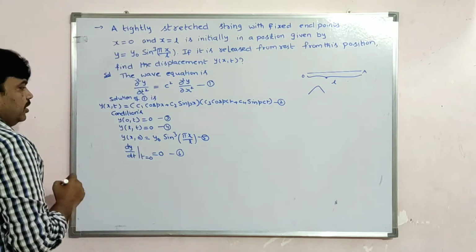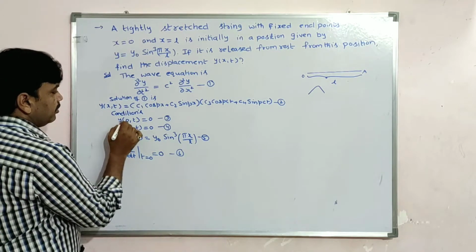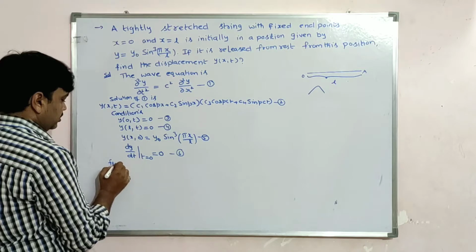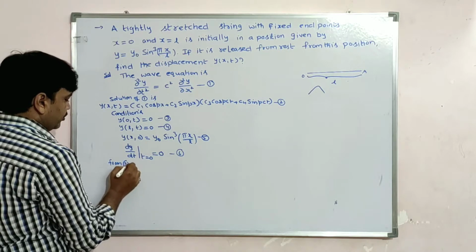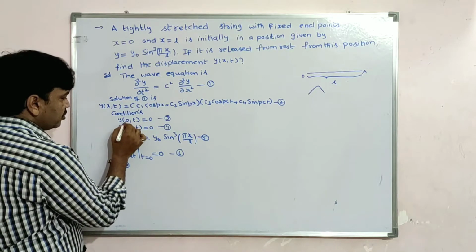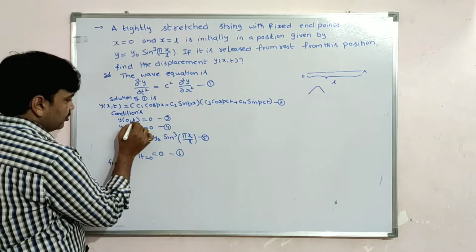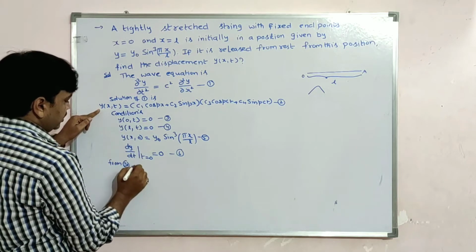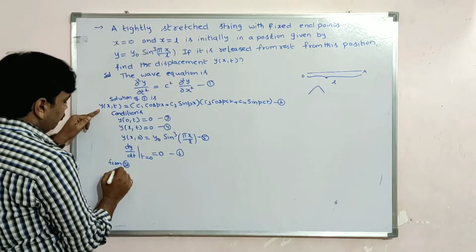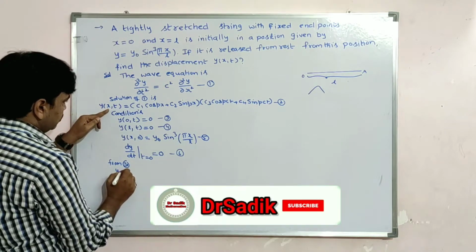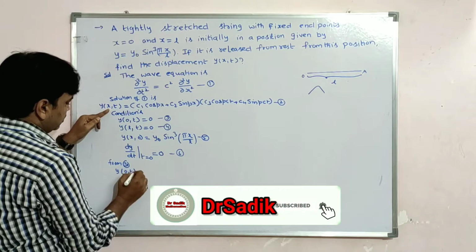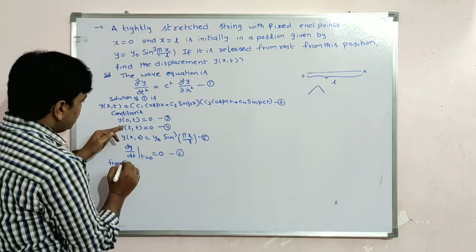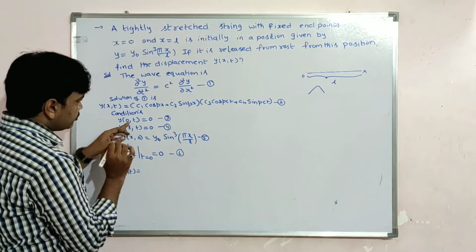Now from 3, I am using y at 0 comma t equal to 0. Substituting here, x value is 0.